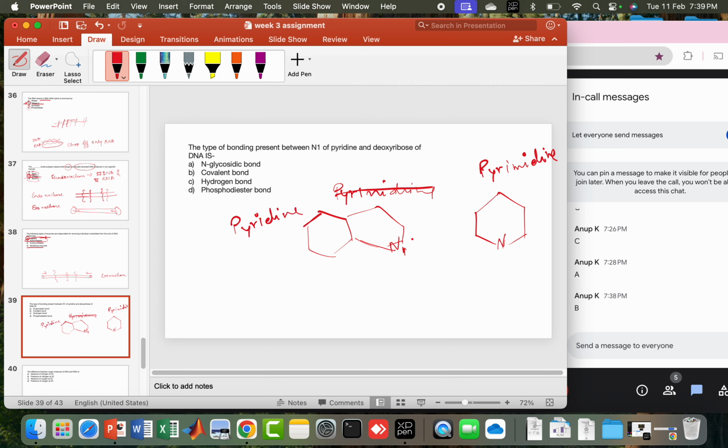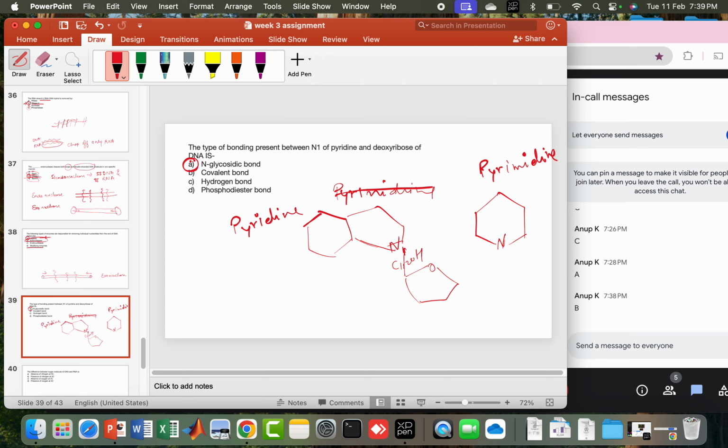So N1 forms a glycosidic bond with the sugar. We have a CH2OH, and it forms an N-glycosidic bond.